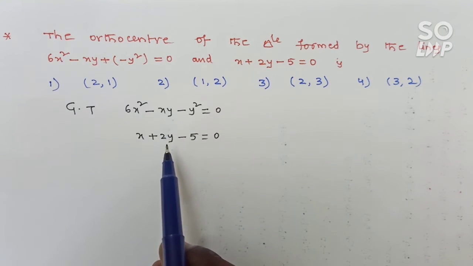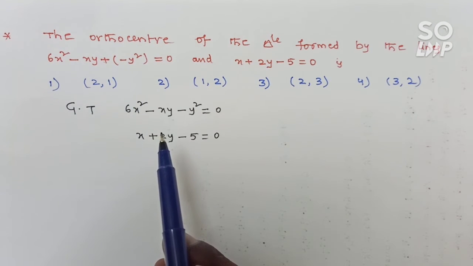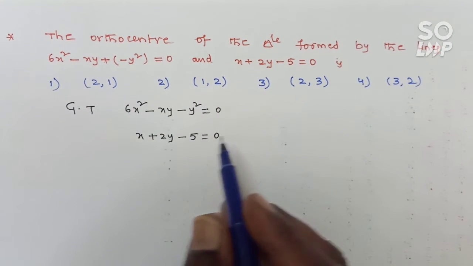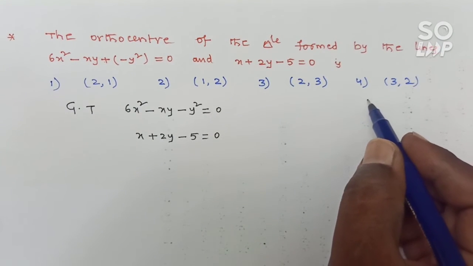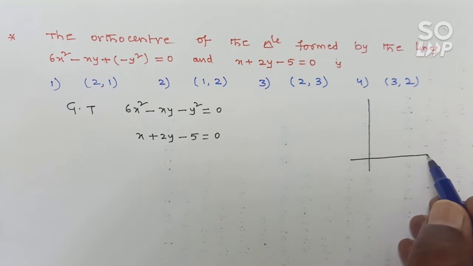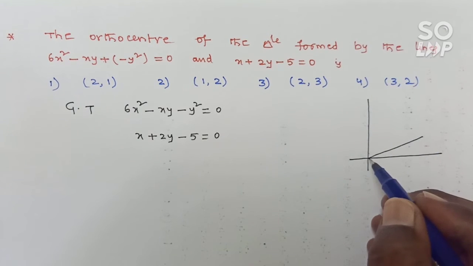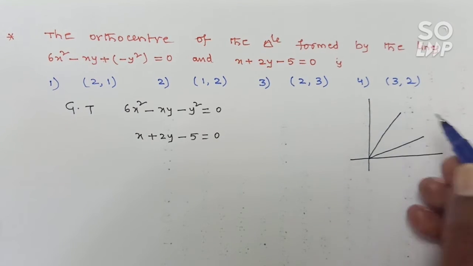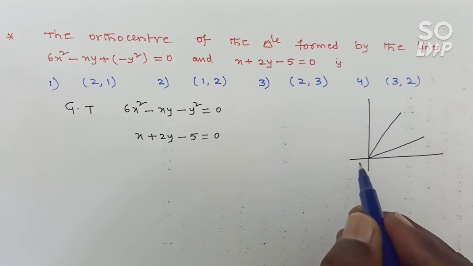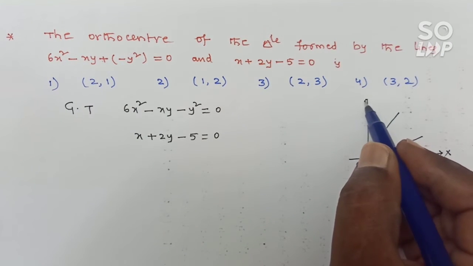Suppose these lines form a right angle triangle, then the orthocenter of a right angle triangle will be the right angled vertex. Now see this figure. The homogeneous equation represents lines passing through the origin. Now how can we verify whether these lines are perpendicular or not?